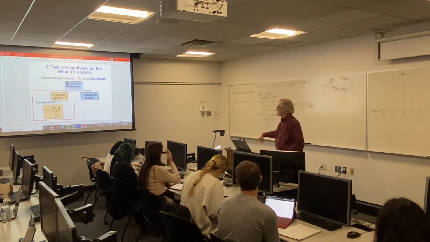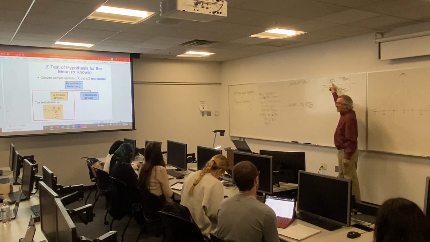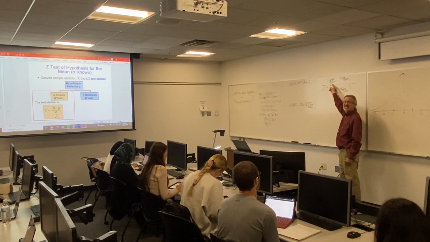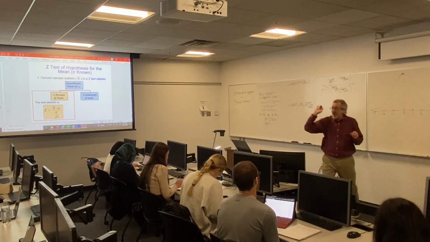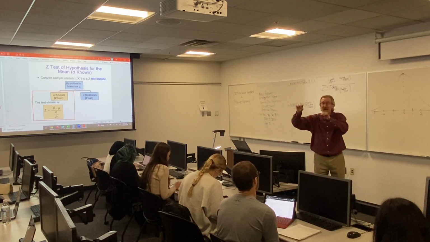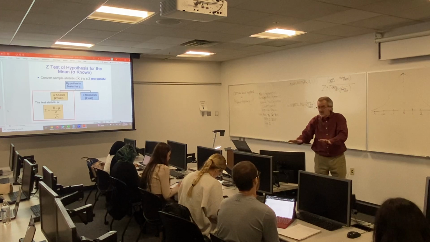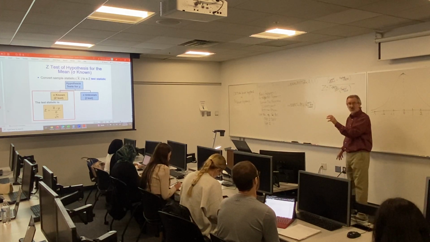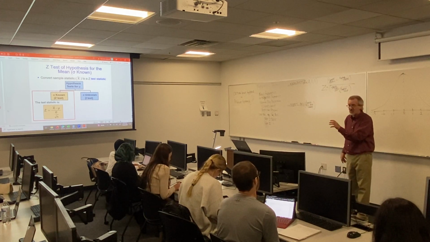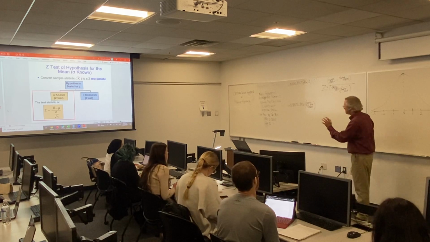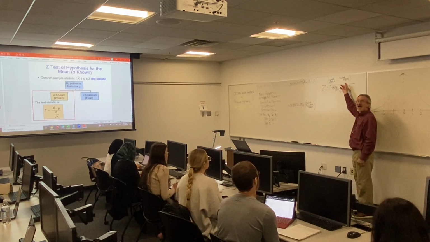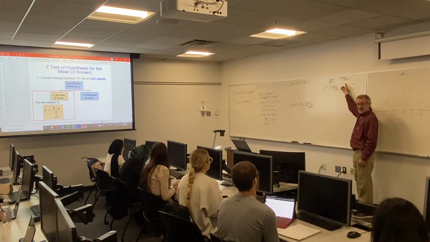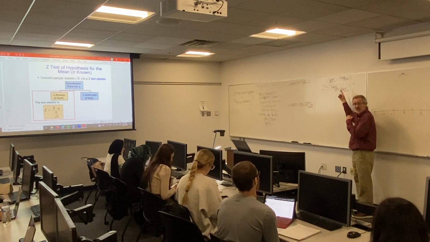So there's our Z. Now in words, on the left-hand side of the numerator is the sample mean, not the hypothesized mean, the sample mean results. This determines whether you're going to get a negative or a positive result. The right-hand side is the hypothesized mean, what's being told to you in the story.